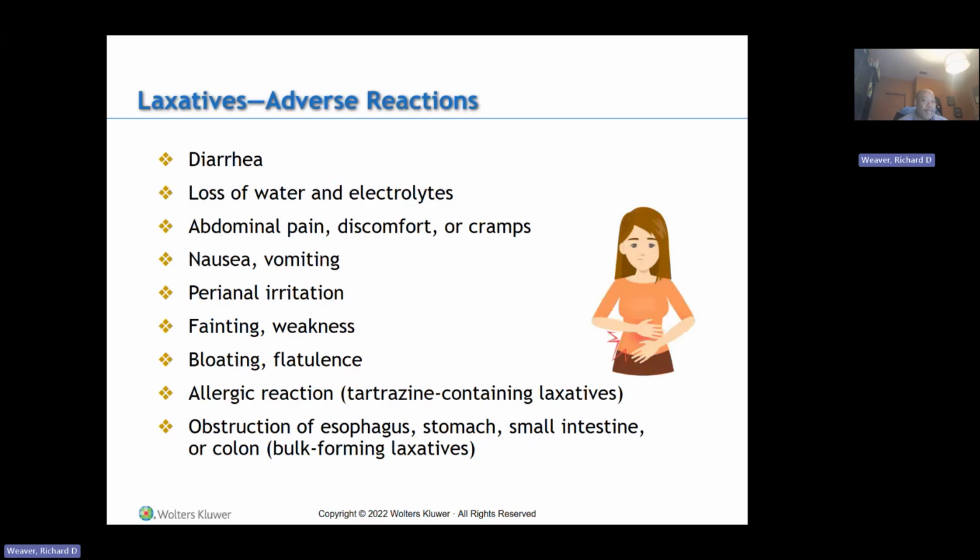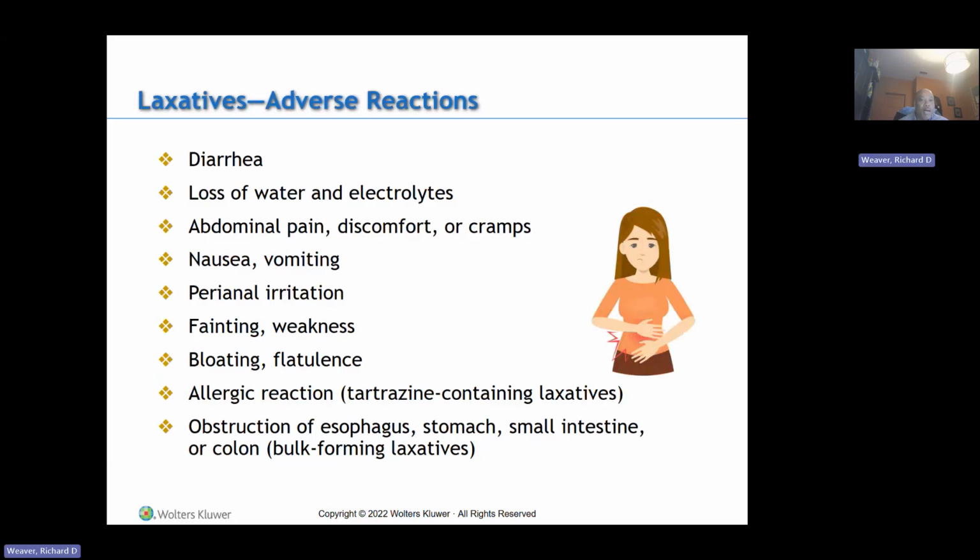And so these patients have to drink enough fluid when they're taking the bulk forming laxatives. Also, these obstructions can occur if a patient has intestinal stenosis. So the intestine may be, due to many surgeries, where scar tissue or adhesions may have developed, causing the intestine to be more stenosed and more narrow.